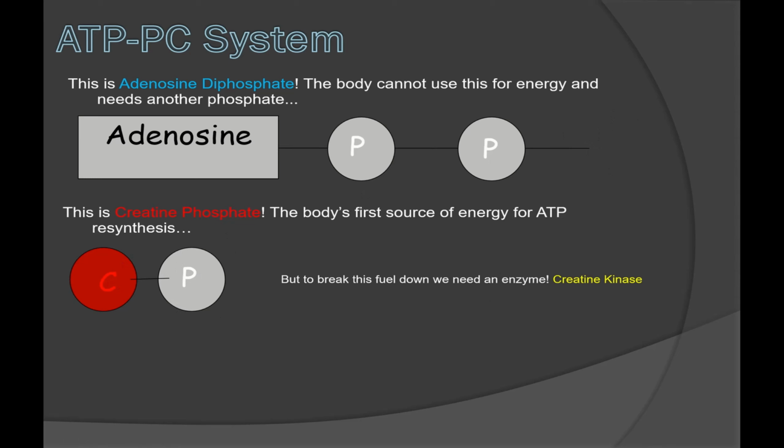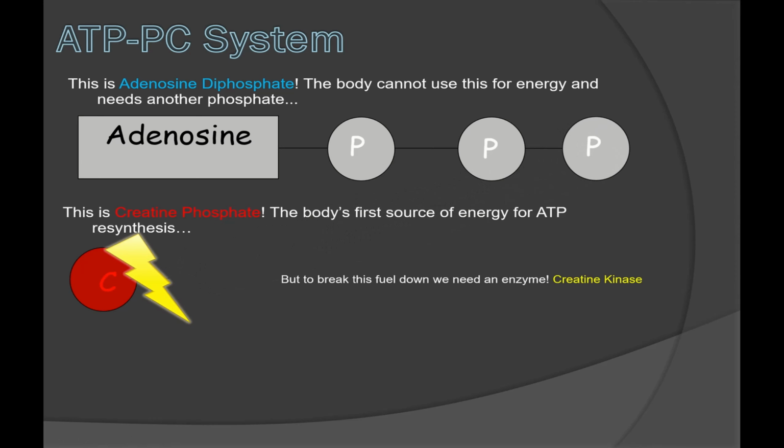So just like the enzyme which breaks down ATP, which was known as ATPase, this time we have a very different enzyme, which is known as creatine kinase. So this will do exactly what ATPase does, and it breaks up that phosphate group and then donates that phosphate over to make ATP again. So now we have resynthesized ATP.